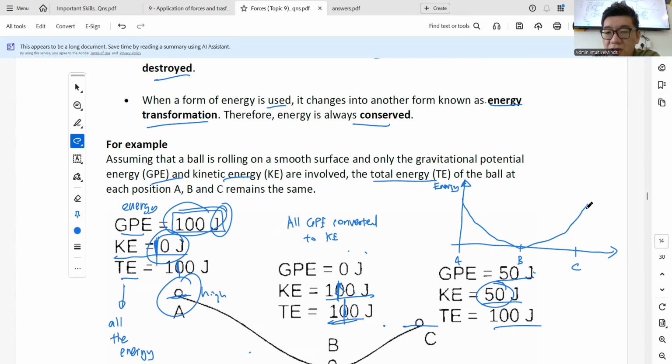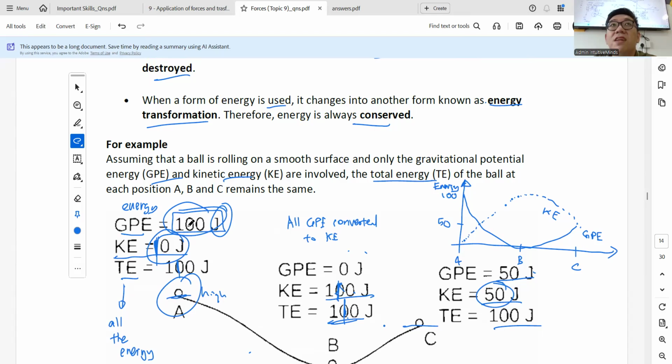This graph will be your GPE. Okay? The second graph will be your KE. I use dotted. So this is 50 joules and this is 100. So A, B, C, you will look like that.